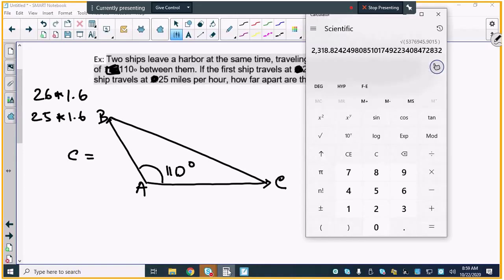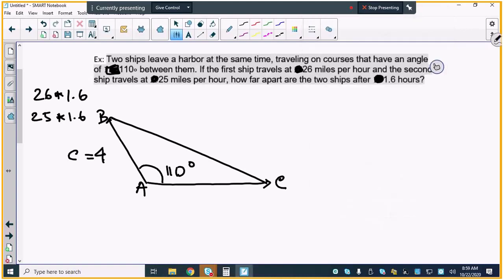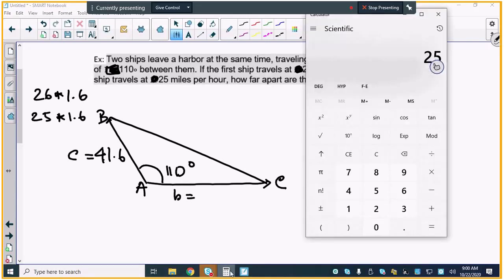So let's find that. 26 times 1.6 is 41.6. And if you consider AC to be the distance traveled by the second ship, so this is going to be 25 times 1.6. So 25 times 1.6 is 40.